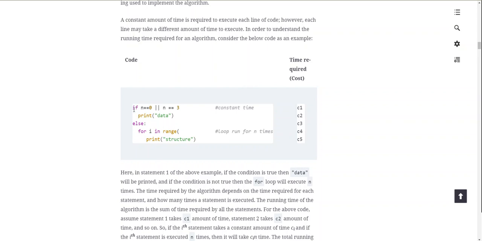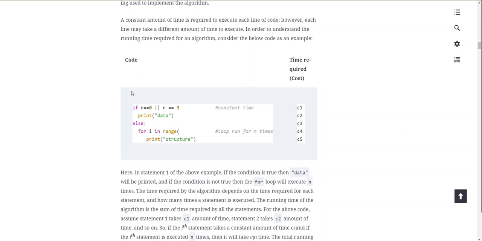And I say, if n is equivalent to 0, or n is equivalent to 3, print data. Well, how many times are we going to go through this?